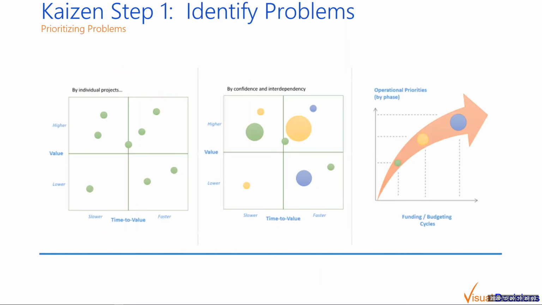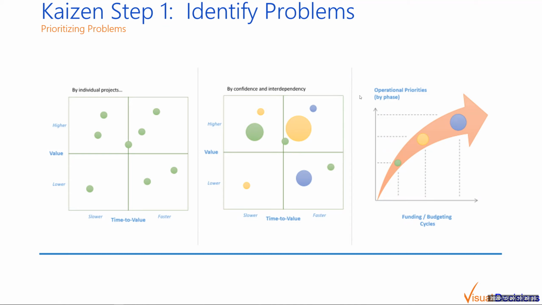that one. The different colors were the interdependencies. So the blue ones kind of fit together. So if I made a change in the blue ones, it made sense to do both of those. The green ones in the center section here kind of tied together, the yellow ones tied together. And then the size of the dot was kind of my level of confidence in how I would be able to solve that problem.